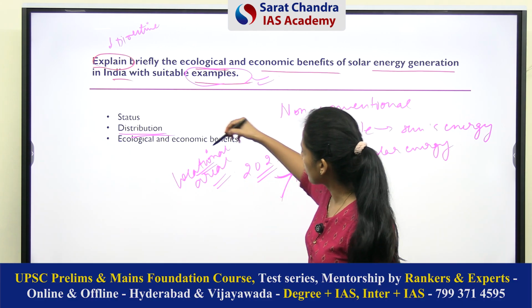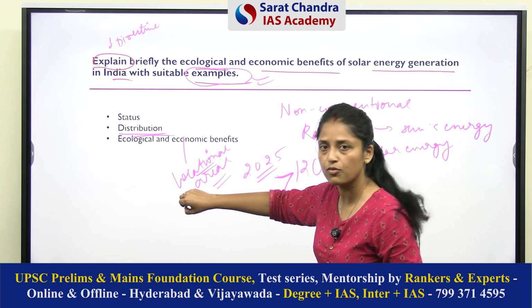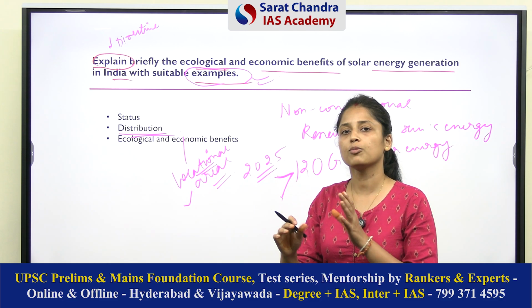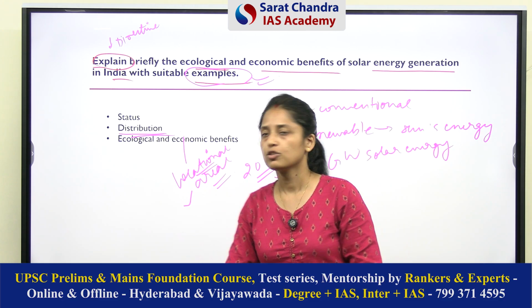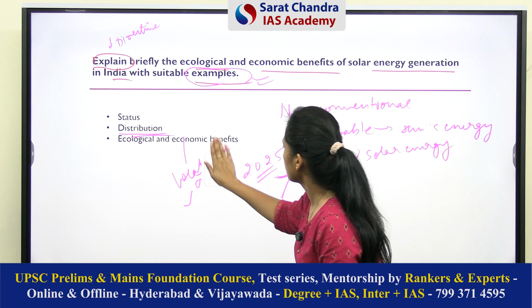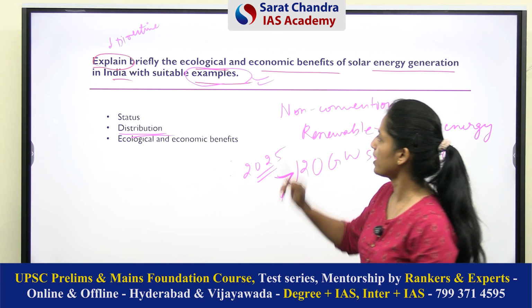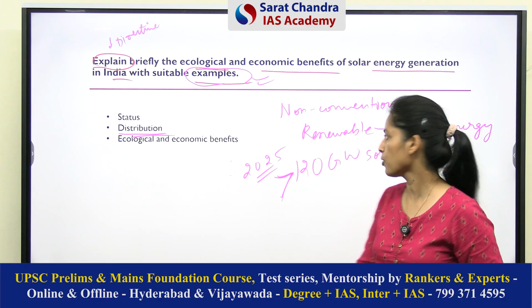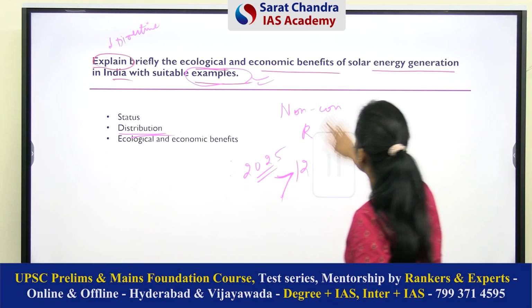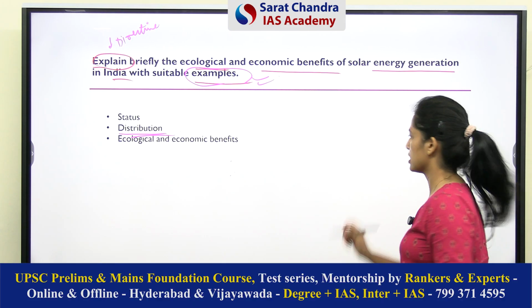So first you have to explain what is locational analysis and what is aerial analysis, and if possible give a brief background. So here also in this question, if possible you have to make a map. Okay, so let's discuss briefly the distribution of solar energy in India.